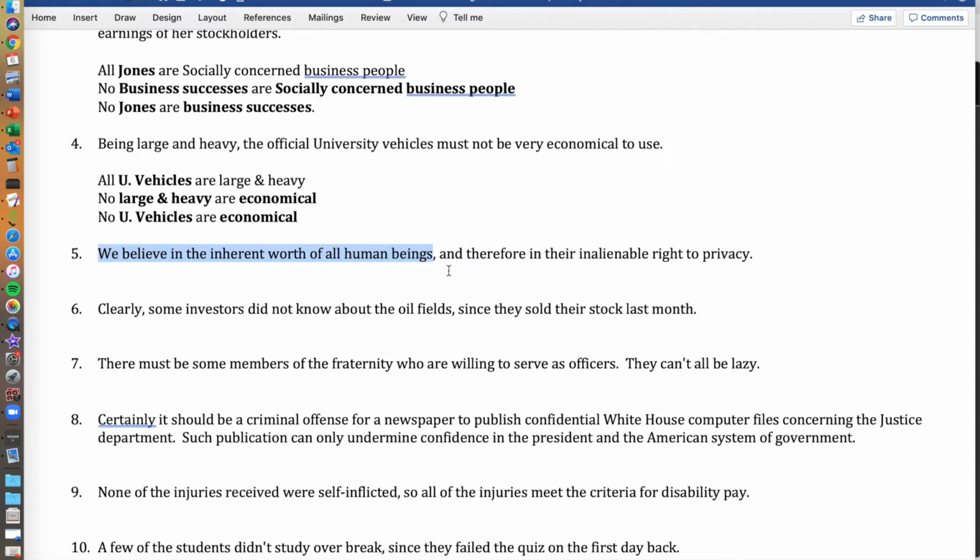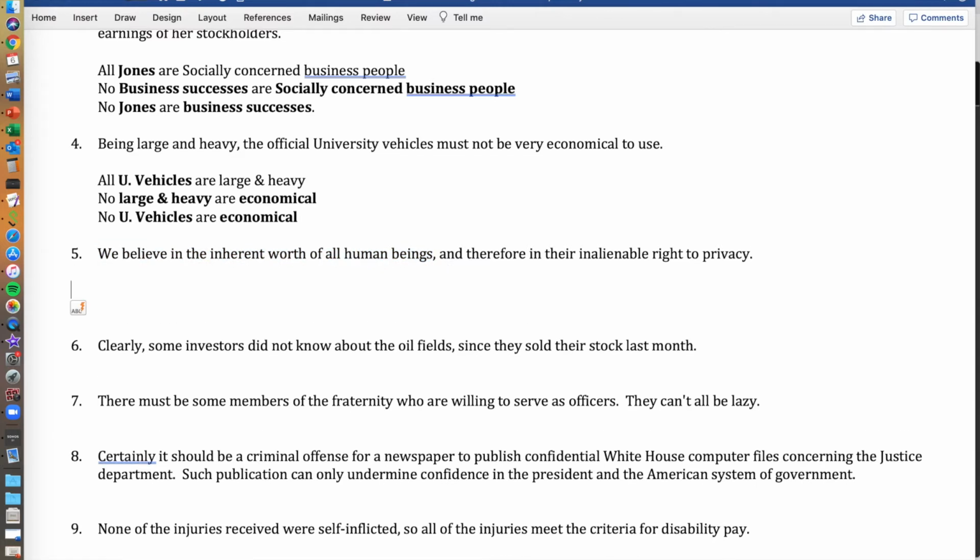So let's start with that premise statement, translate into standard logical form. We believe in the inherent worth of all human beings. So we could say all human beings are people with inherent worth, right?